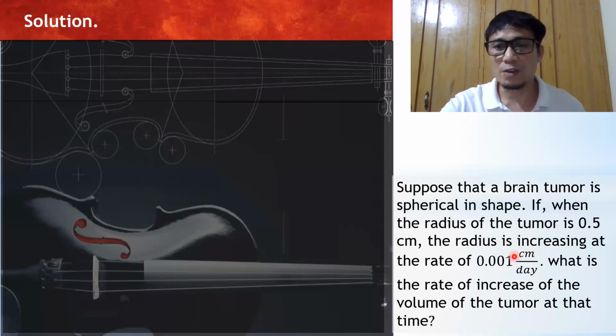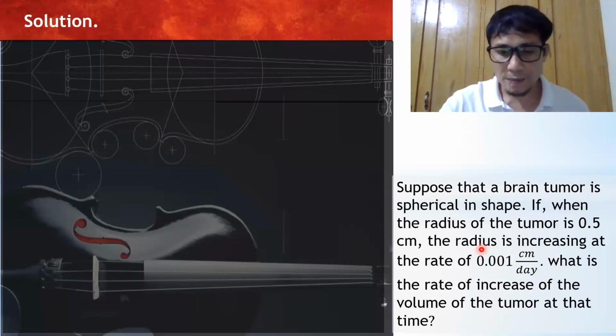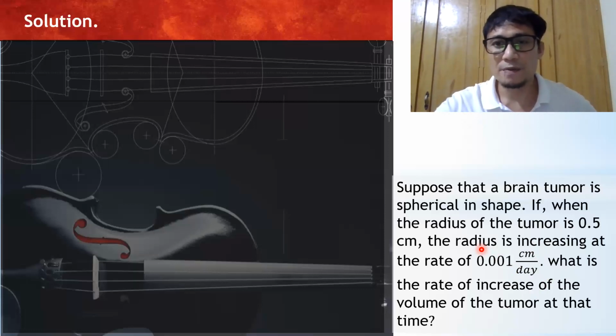You can see the unit of measure here, centimeter per day. This shows that the radius is changing with respect to time. This is actually the derivative. This describes the derivative of the radius with respect to time.